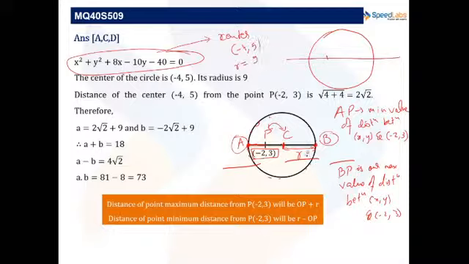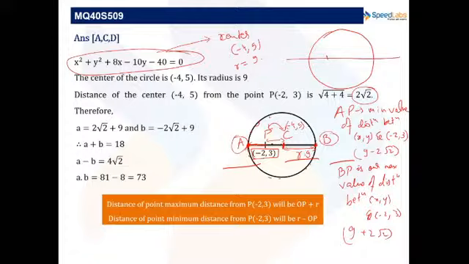So we can find the distance BC using the distance formula. That distance came out to be 2 root 2. Maximum distance will be BP, which is 9 plus 2 root 2, and minimum distance will be AP, which is 9 minus 2 root 2, which came out from AC minus PC, and BP came out from BC plus CP.